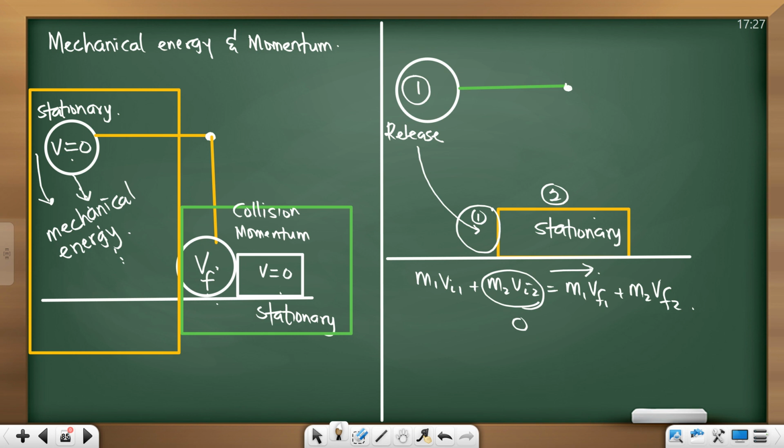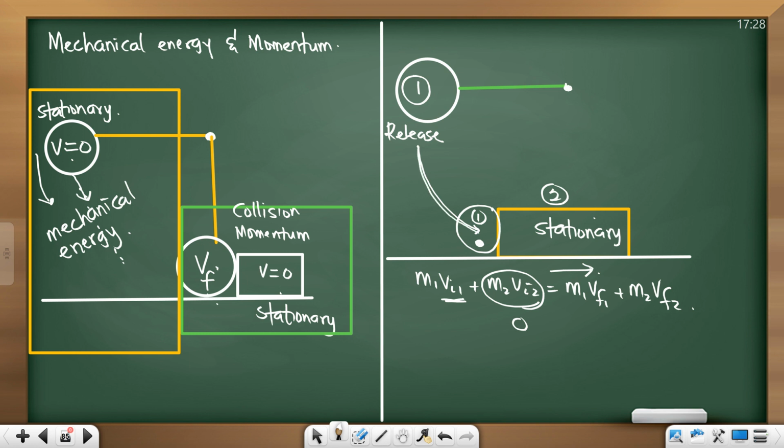But the question is, what is the initial velocity of object 1, which is the velocity at this point? We cannot calculate that without using mechanical energy. There are other ways to do it, but for now, this is what we're going to use.